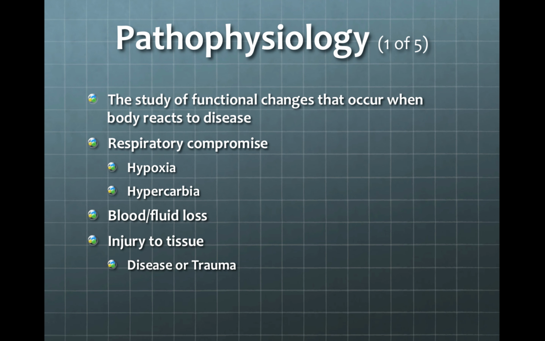But eventually, when the water content starts to get too low, that's going to affect how well blood circulates in the body also. And then if you have injury to the tissue, that can affect the ability to circulate blood, because maybe the volume is reduced, or it can compromise the vessels themselves. And once you impede circulation, then you've impeded the ability to exchange gas as well.